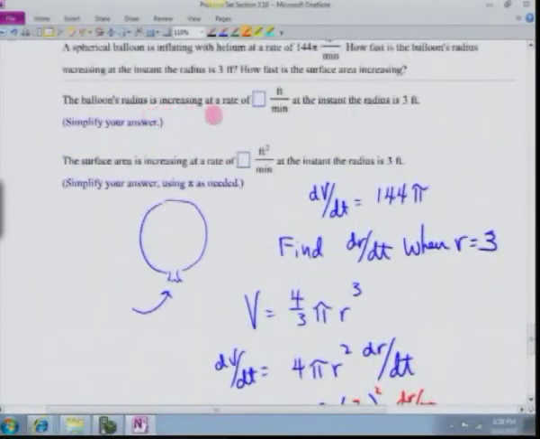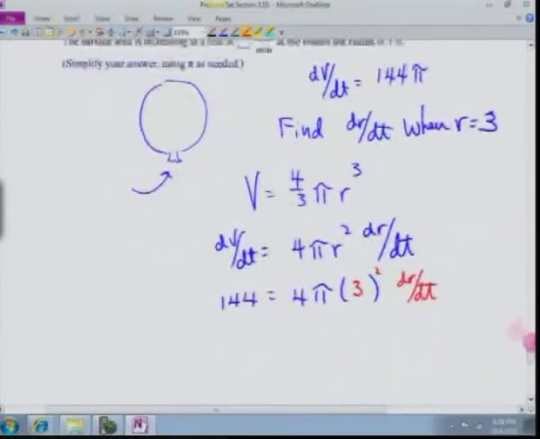How fast the radius is increasing. Wouldn't you have to have 144 pi? That's what you had. Yeah, sorry, thank you. I count on you to catch my little forgetful things.